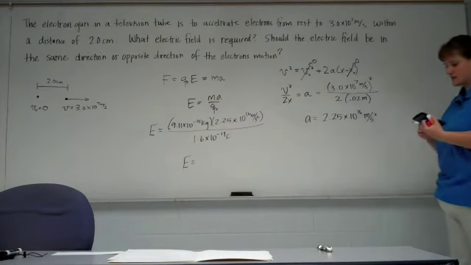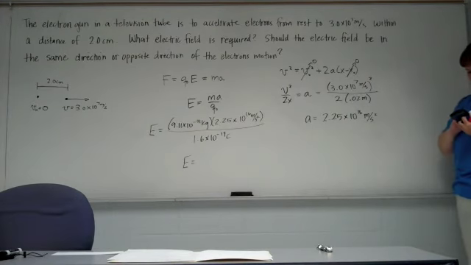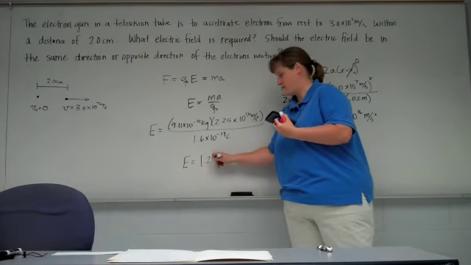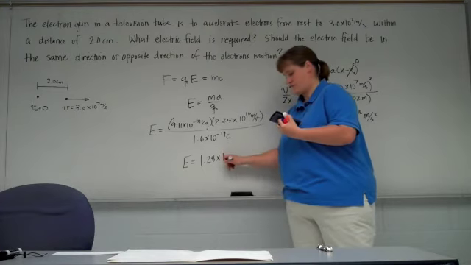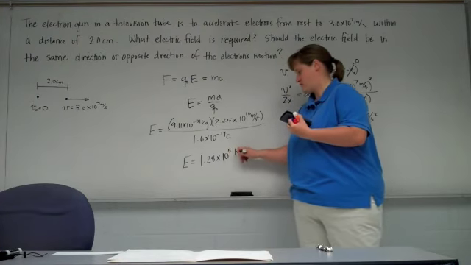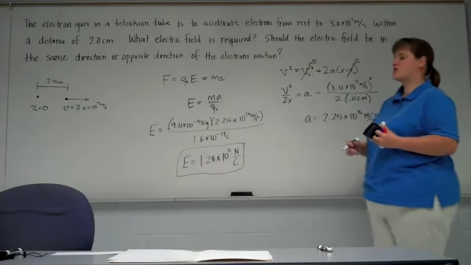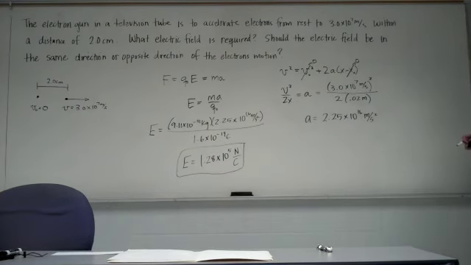We'll talk about the direction in a second. So that's the magnitude. That's how strong the field needs to be. 1.28 times 10 to the 5th newtons per coulomb.